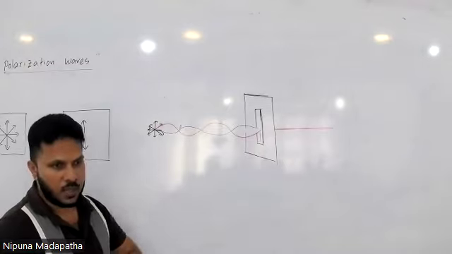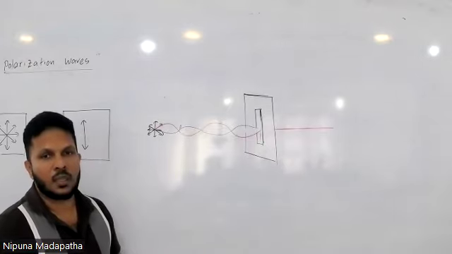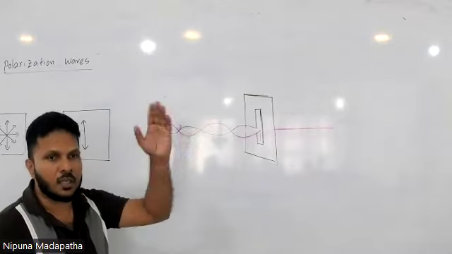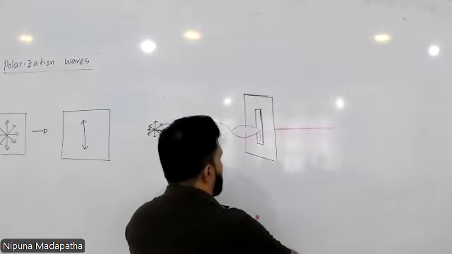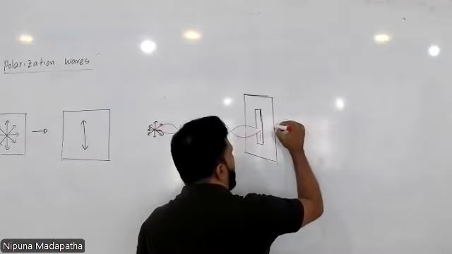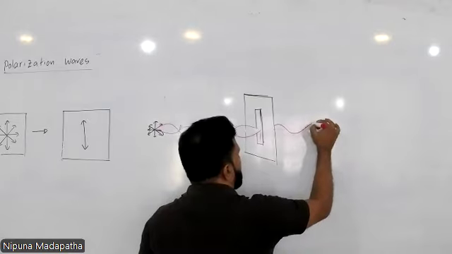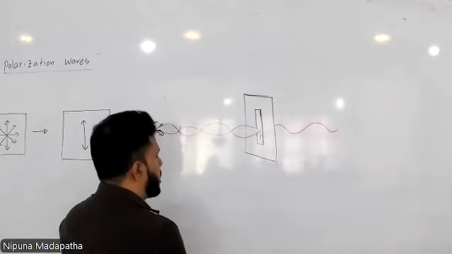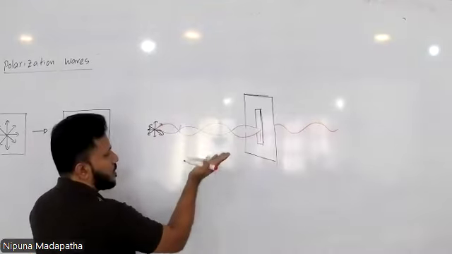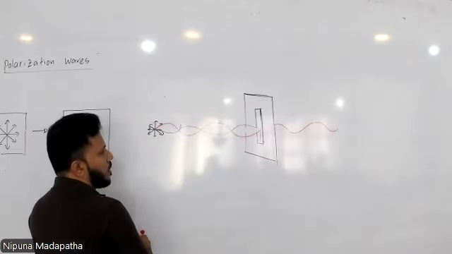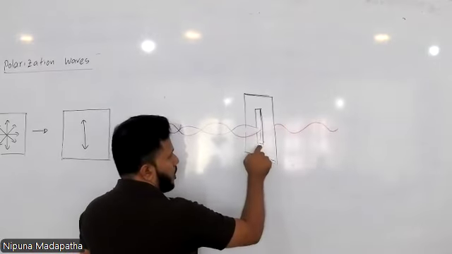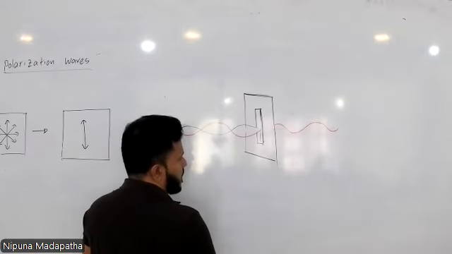All the waves that oscillate in the vertical direction will pass through this slit, right? And the horizontal vibrations can't pass through this vertical slit, right?